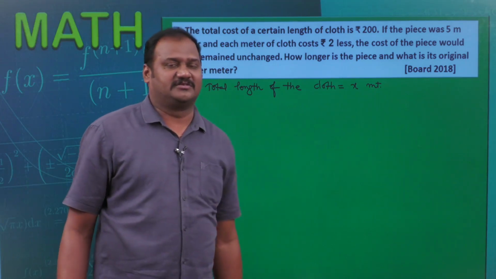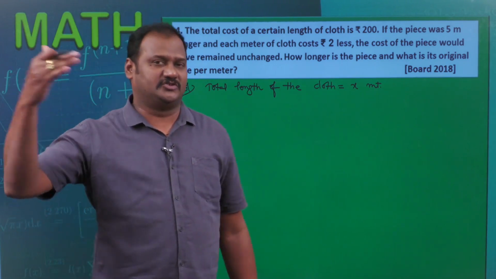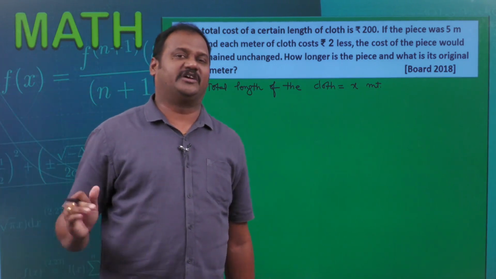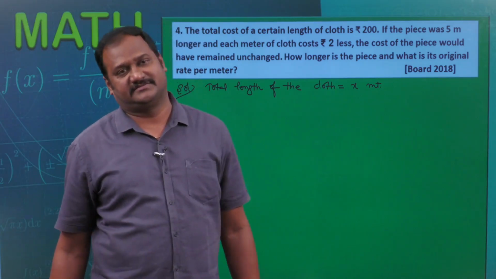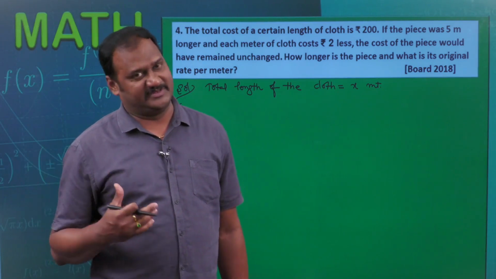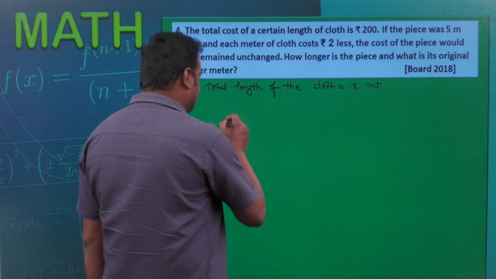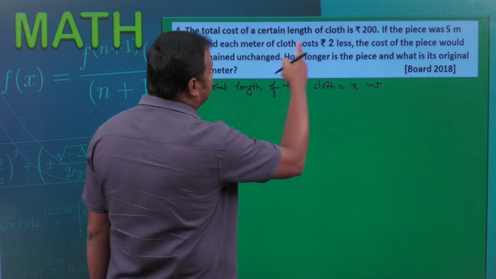Suppose I have 5 meters of cloth whose cost is equal to 200 rupees. Then what is the cost of 1 meter cloth? 200 divided by 5. So that is going to be 40 rupees. Like that, total length of the cloth is equal to x meters. Then total cost is given, right?